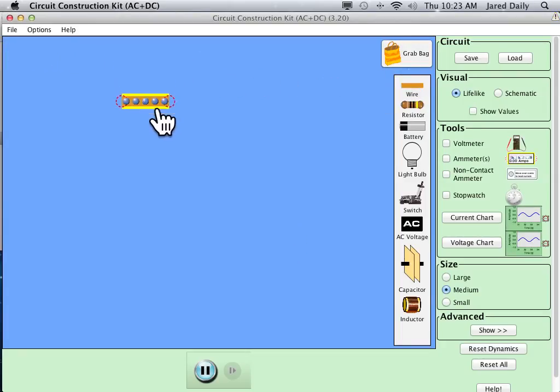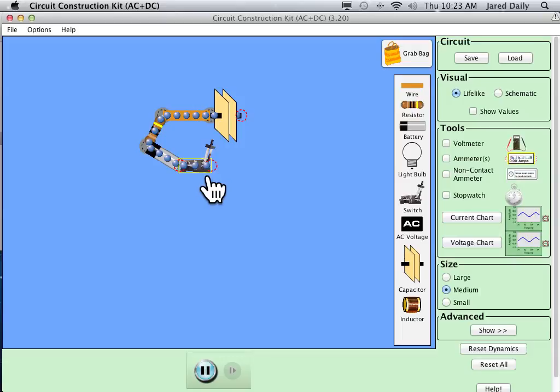Let's grab a wire. We'll put in a wire here. We'll grab a capacitor and connect in a capacitor. We'll put in a resistor as well, and we'll turn the resistor down so we can make our circuit. And then we'll put in a battery. And then the last thing I'm going to put in is a switch. Then I'm going to put in a wire right here.